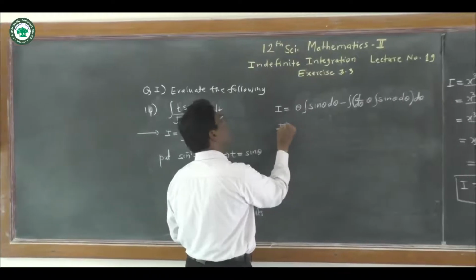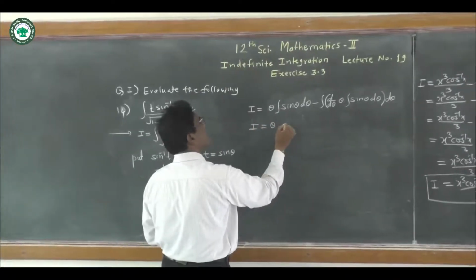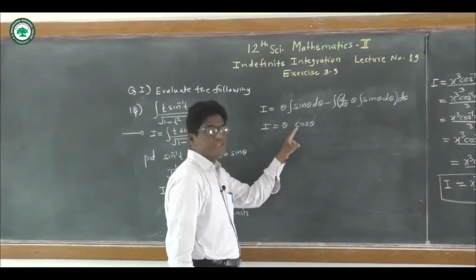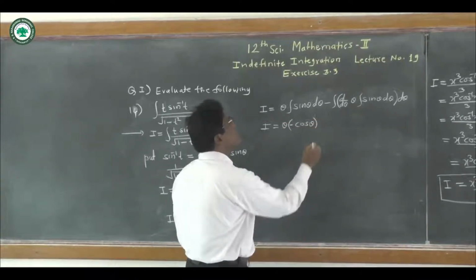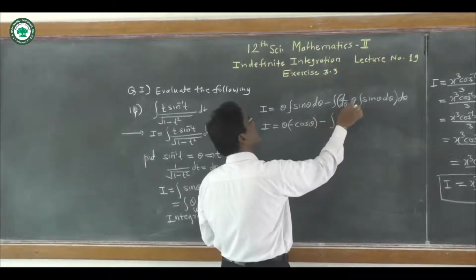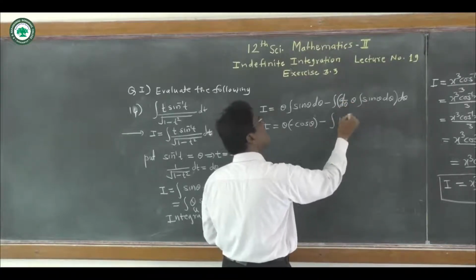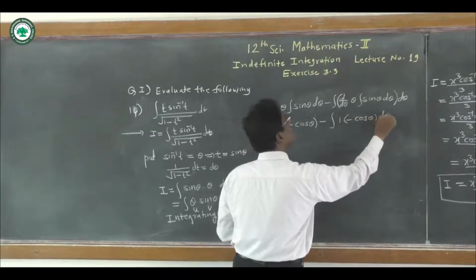So I is equal to this theta into integration of sin theta. Integration of sin is cos. But answers start with minus, so take here minus. So minus cos theta. Minus integration of d by d theta of theta, it is 1, into integration of sin theta, which is here minus cos theta, into d theta.